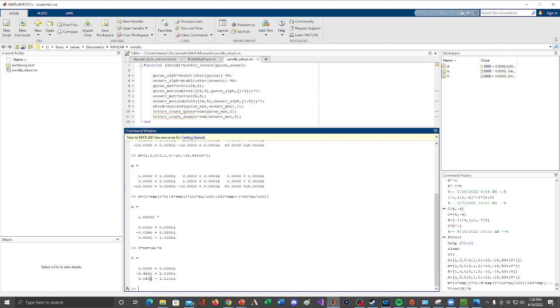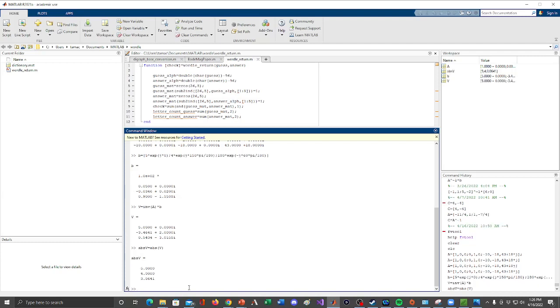If you take it out to 4 decimal places, MATLAB even has special functions for this, so we can get the magnitudes of V, and it'll even let us go angle of V, which is kind of cool.